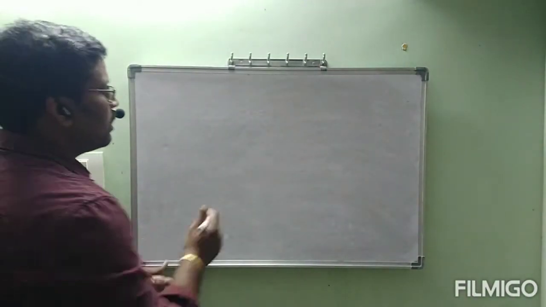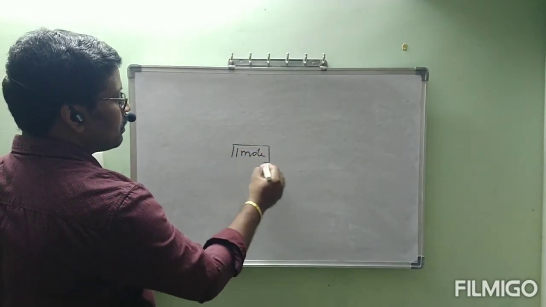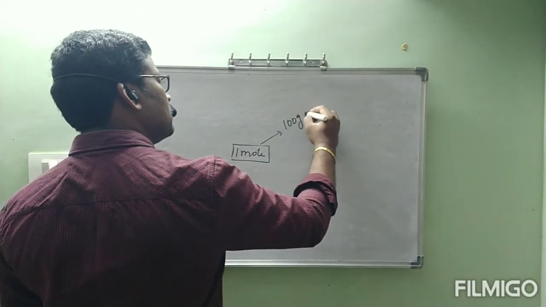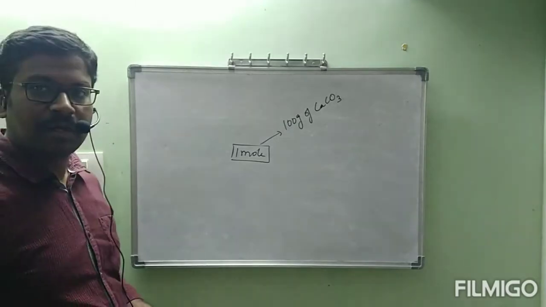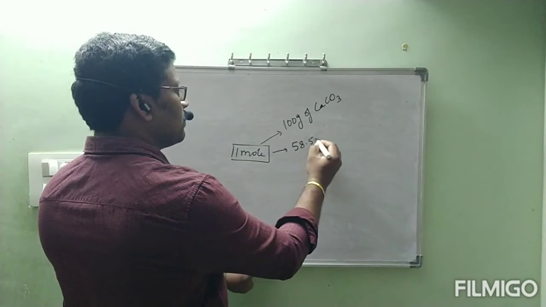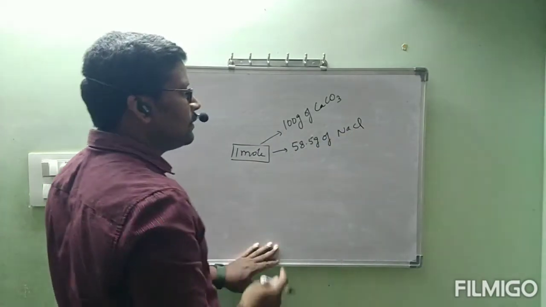Okay, see all of you. 1 mole. 100 grams of calcium carbonate, 58.5 grams of NaCl. These are all molecules.